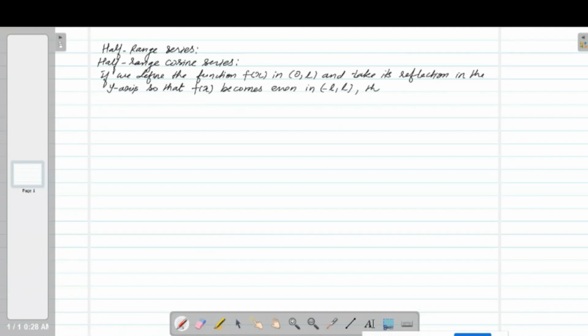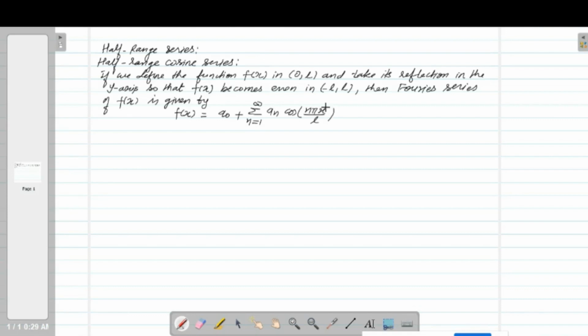And then the Fourier series of the function f of x is given by f of x equal to a naught plus sum running from n equal to 1 to infinity a n cos n pi x by L. Okay.